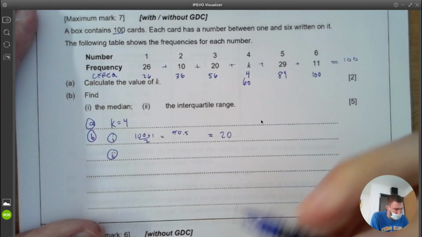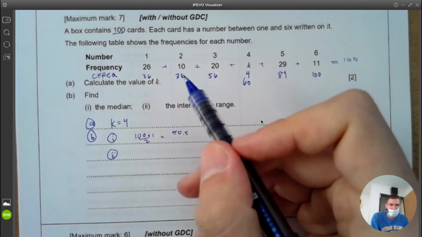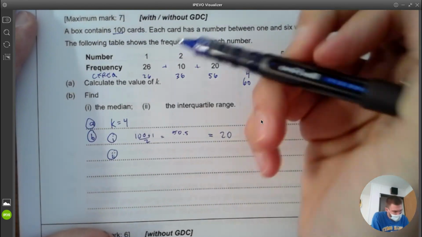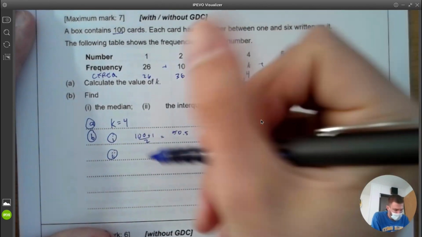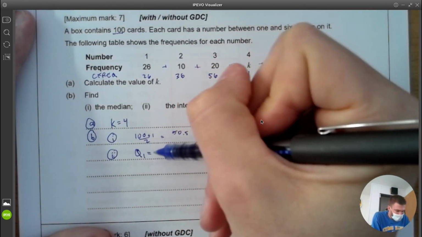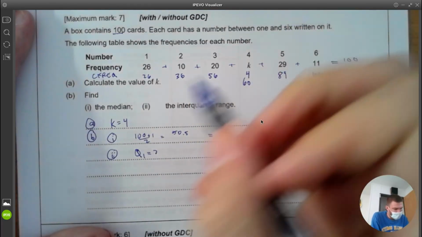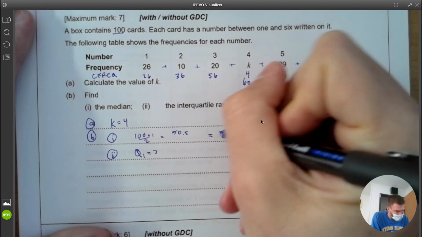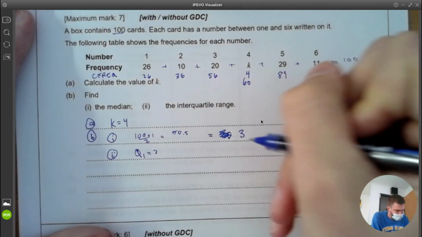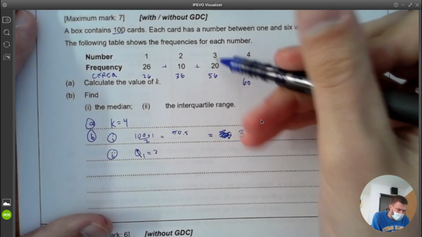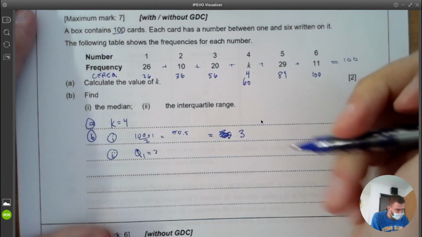What about the interquartile range? I would want to look for 25 and 75. I see 26 here. So my Q1 would be, hold up, I messed this up. Sick brain. I had 23s. The answer should be 3. Sorry.